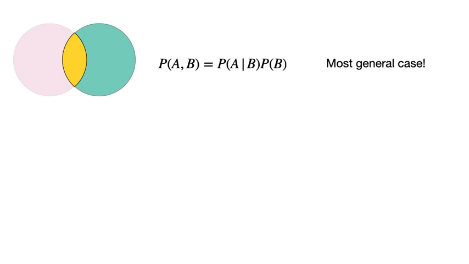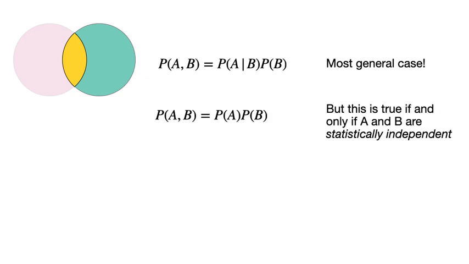But sometimes life is easy. Sometimes we have a situation where A is not conditioned on B, where A and B happen to be completely statistically independent. A happens with a certain frequency, and whether or not B happens doesn't affect the probability of A. If I roll two dice, the value coming up on die 1 does not affect the value coming up on die 2.